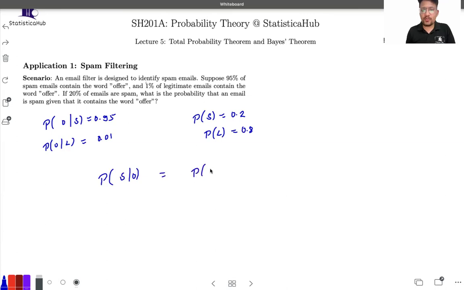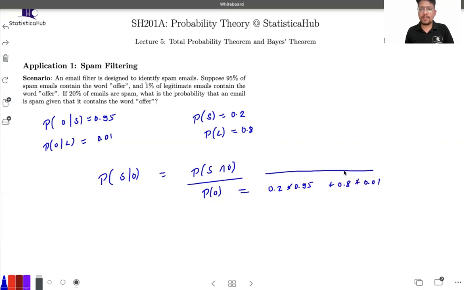So it is the probability of spam and offer divided by the probability of offer. Again, a very simple thing. We have to calculate the probability of offer. You may have spam and then the offer, or you may have legit and then the offer. So that will be 0.2 into 0.95 plus 0.8 into 0.01.